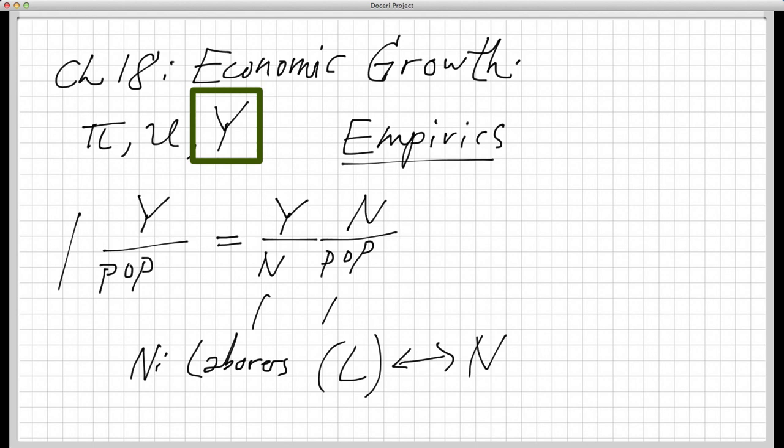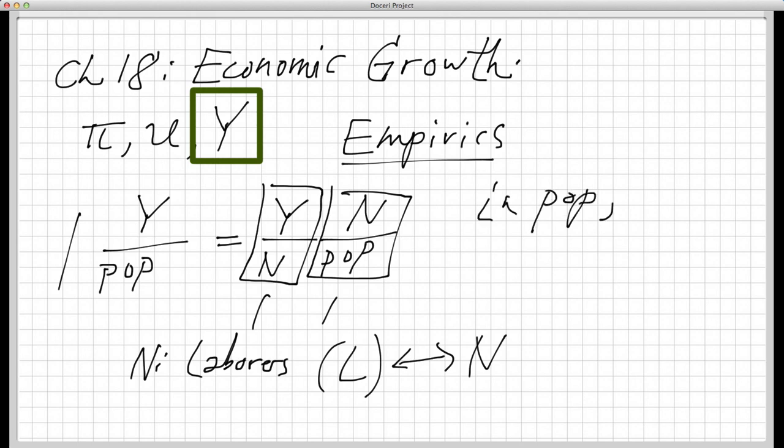Let's compare then this output per laborer and labor per population. Well, Y over N is a lot like Y over pop, but it just takes out all of the people who aren't working. So these are people who are in the population but not N. This includes obviously the unemployed, but this also includes people that are not in the workforce.